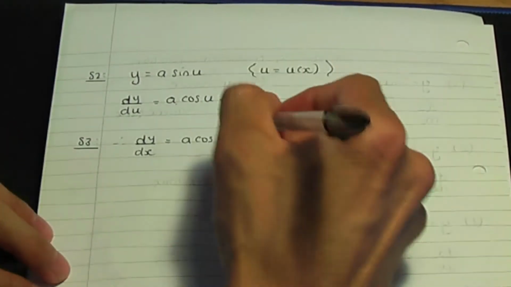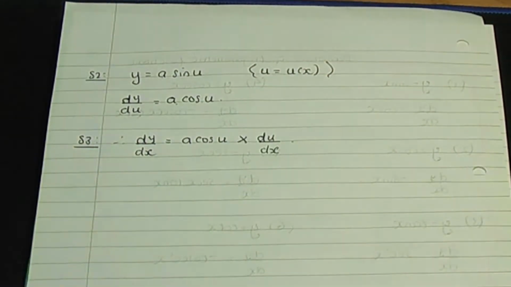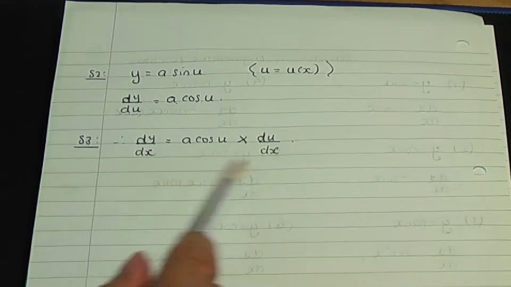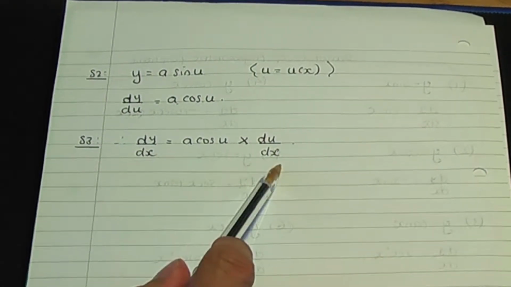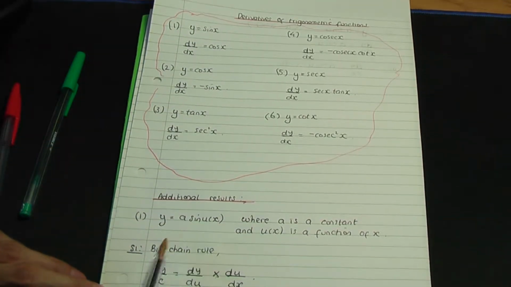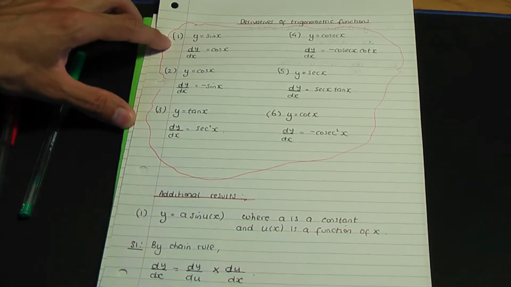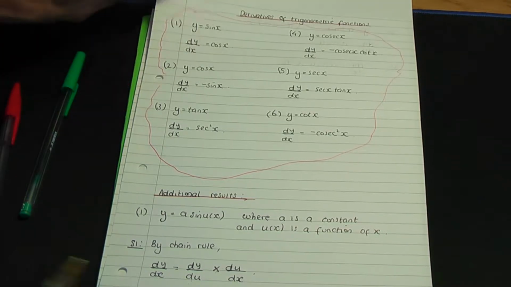So this is the result that you'll get for the derivative when you differentiate a function of the type a sine ux. A is a constant, remember, so this result only works where a is a constant, ux is a function of x.